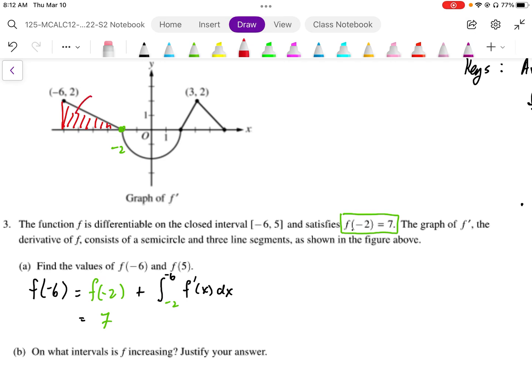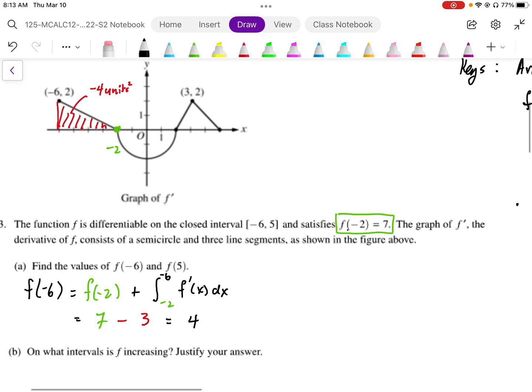So when we work out the area of that triangle, it's a 4x2 triangle, we get an area of -4 units. That area then we're going to subtract from the original position, that's our displacement, and we get a position of 4. So at x is -6, f of x is equal to 4.